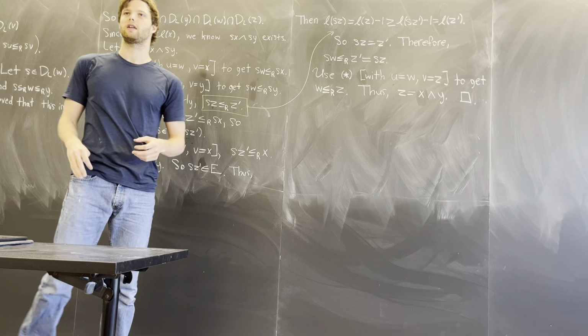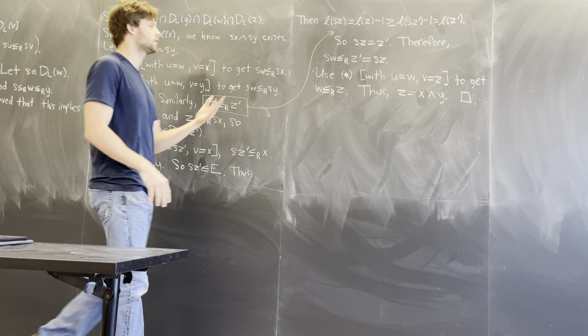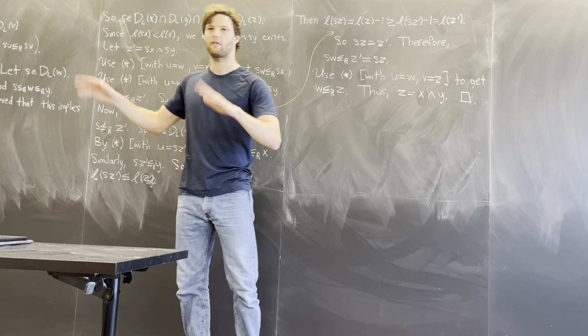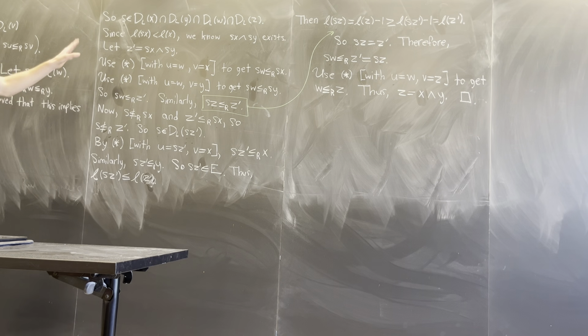That's one nice idea. And this gives a feel of how you can play around with left descents and the lengths and various Coxeter theoretic things to try to prove something like this. You don't have to memorize the proof. I did not memorize the proof, but it's nice to see it at least.